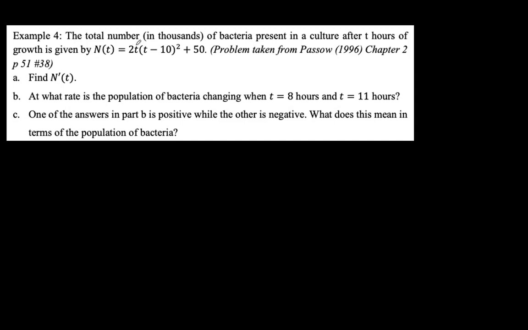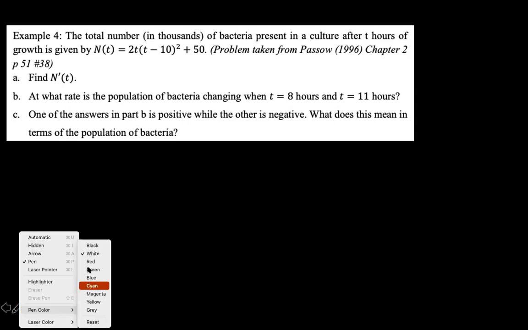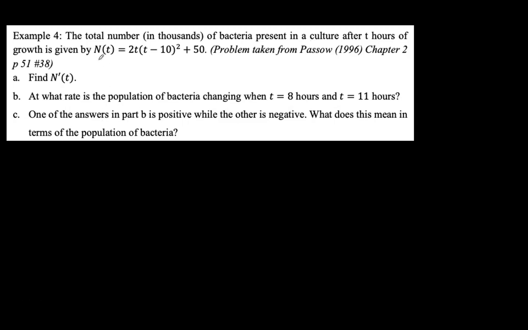The total number in thousands of bacteria present in a culture after t hours of growth is given by this function. The growth was already identified in terms of a function, n of t. This is the number of bacteria at a certain given time t.